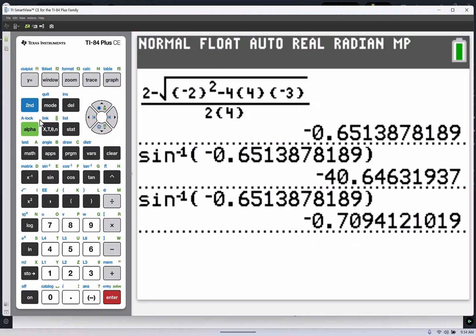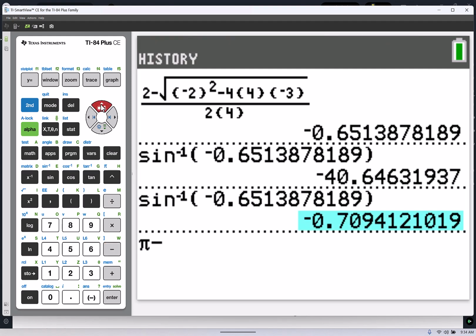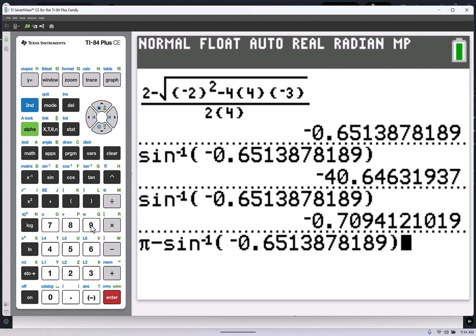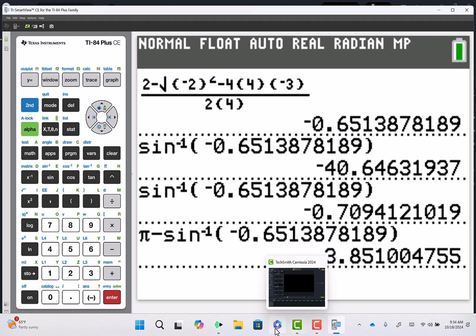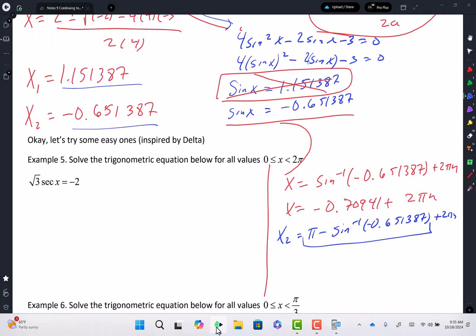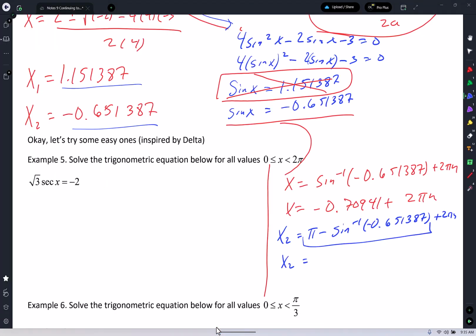I just go pi minus, and I could just type in that number, but I like to have it like that. Enter. So there it is, 3.85100 plus 2 pi n.